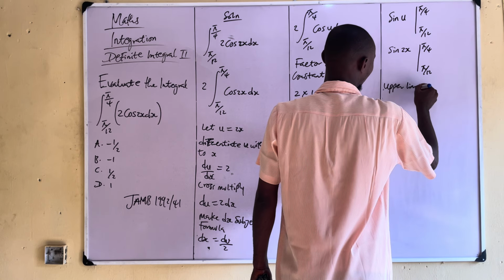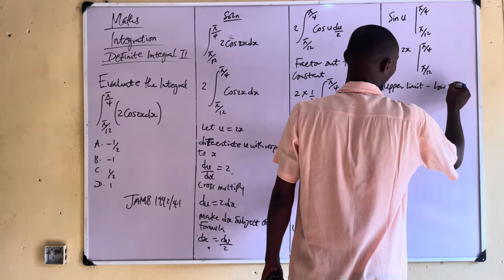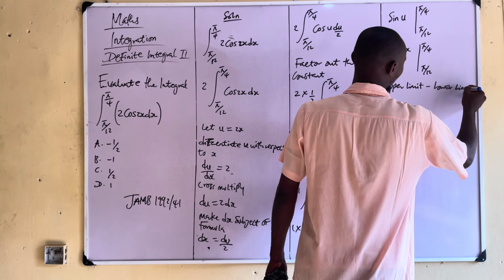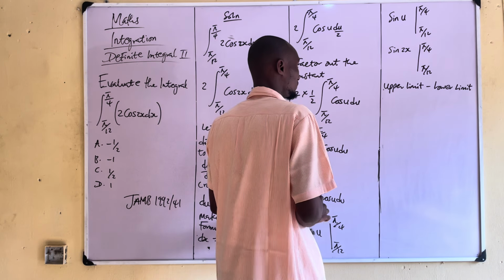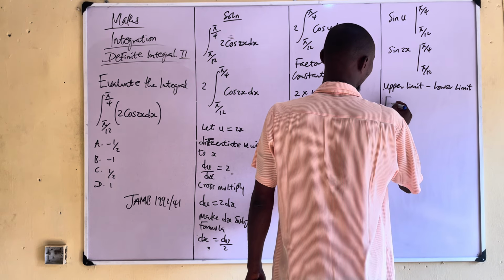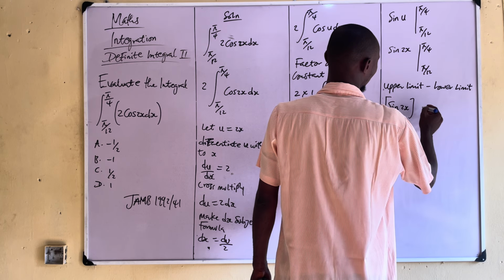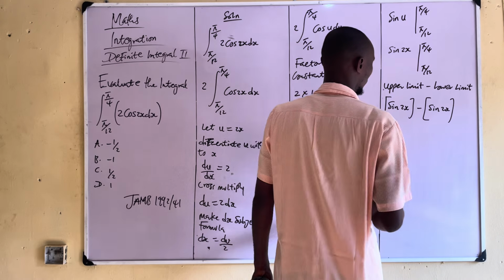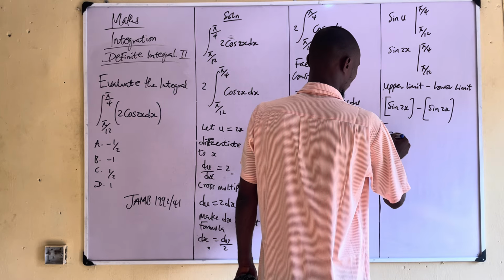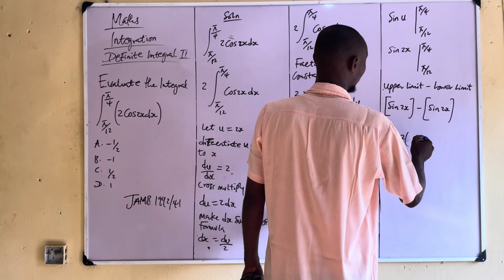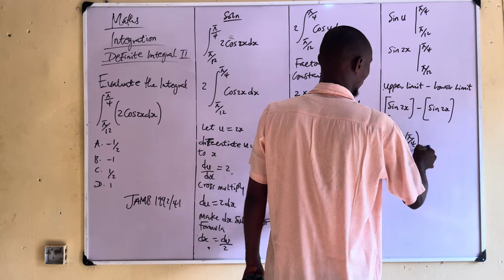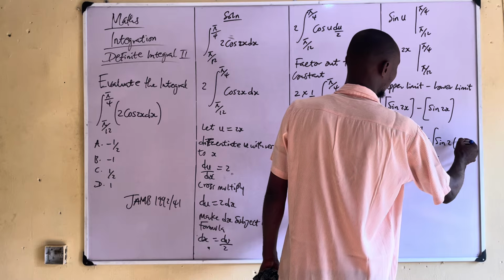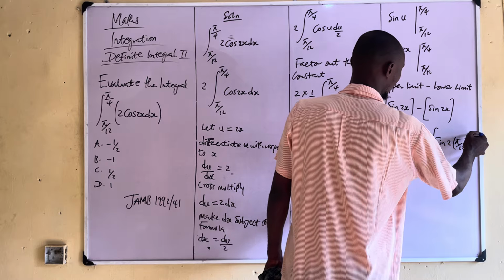Upper limit minus lower limit is the next step to take in order to find your final answer. So here will be sine 2x minus sine 2x, which is sine 2 into bracket upper limit pi over 4, minus sine 2 into bracket lower limit pi over 12.